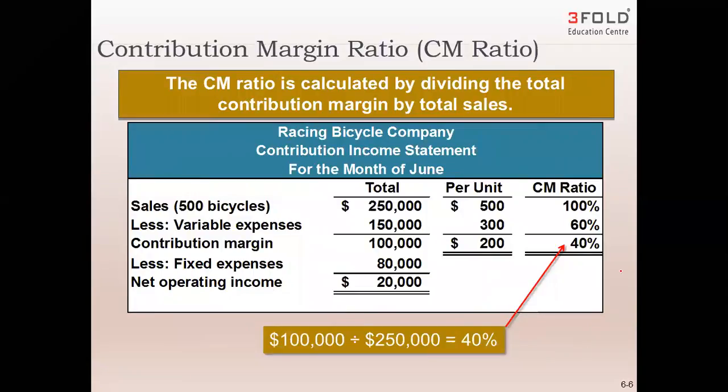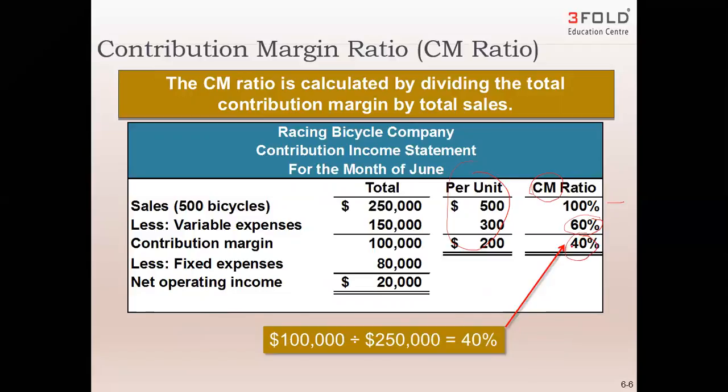The other thing to note is, from a per unit perspective, we can also move into what's called a contribution margin ratio perspective, which is nothing else but converting everything into percent. So let's say sales per unit or in total is 100%. Variable expenses in this scenario work out to be 60% of sales. That leaves us with a contribution margin of 40%.